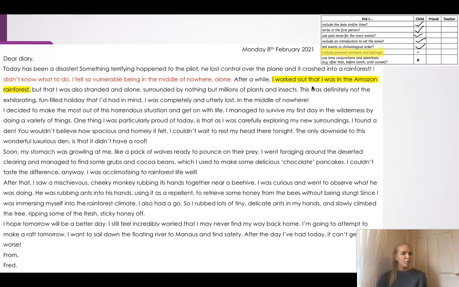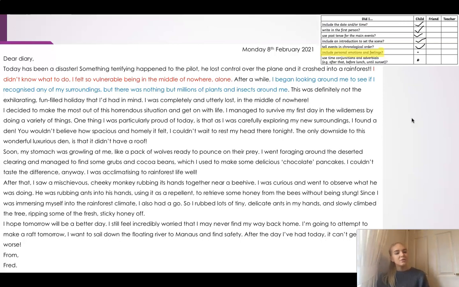Because how did I work that out? What gave me that opinion? So what gave me that opinion is that I actually began looking around me to see if I recognised any of my surroundings. But there was nothing but millions of plants and insects around me. So I've changed that whole sentence now to really be different and include the fact that I knew that I was in the Amazon rainforest, not because I knew, but because I used my senses, I used my eyes around me, looking around me to see what I could see.